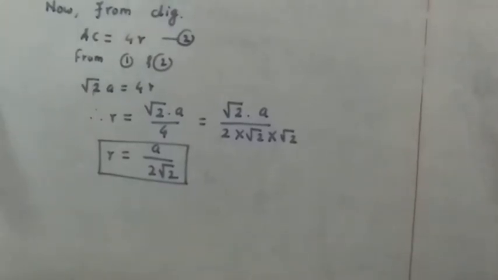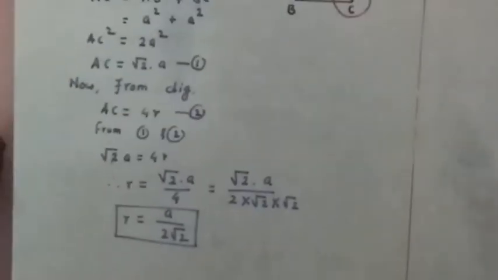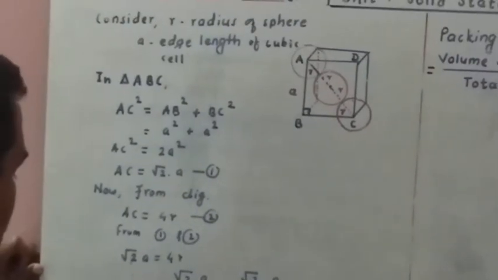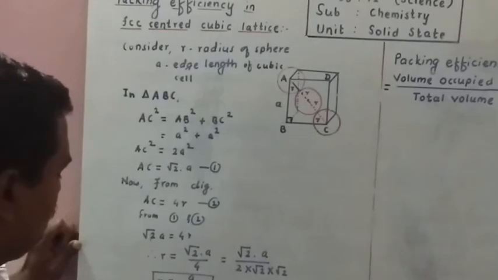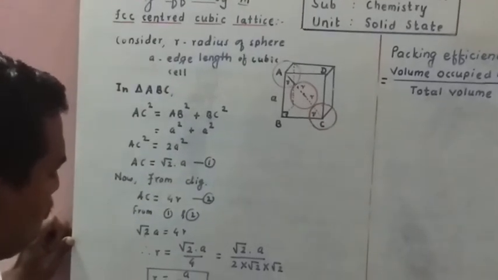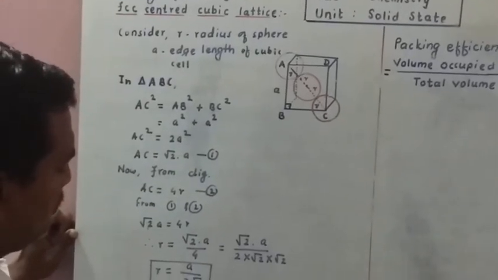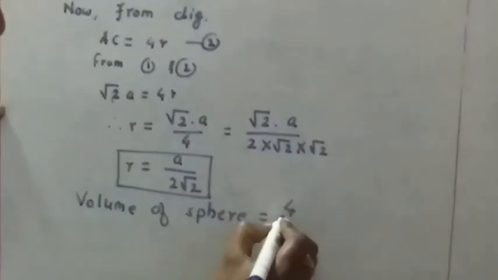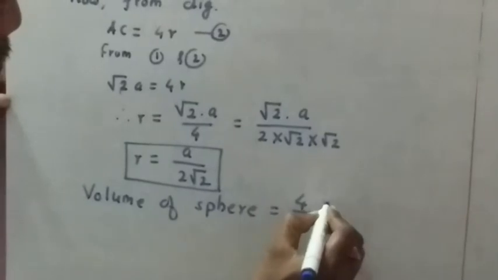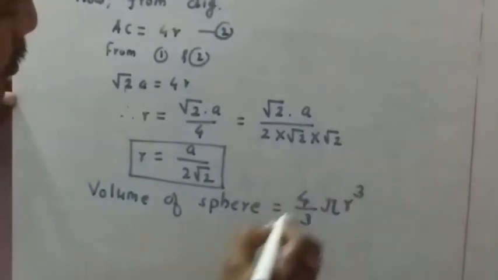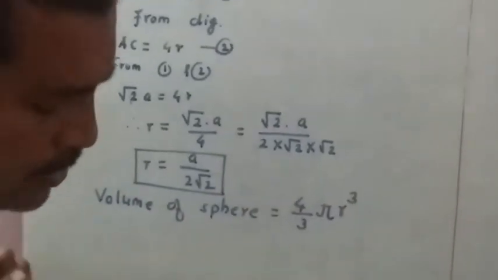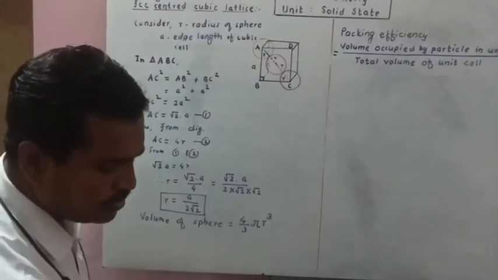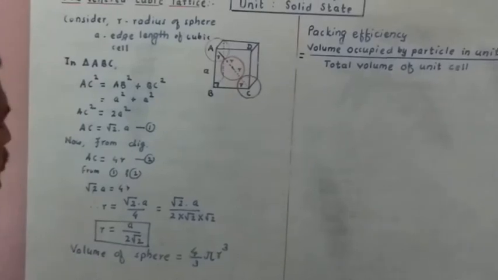Now, volume of sphere. We know that the formula for the volume of a sphere is 4/3 pi r cube. Now substitute the value of r in terms of a.